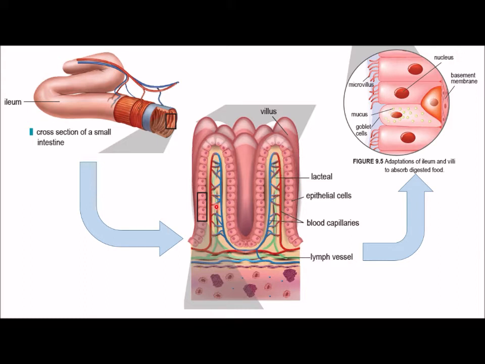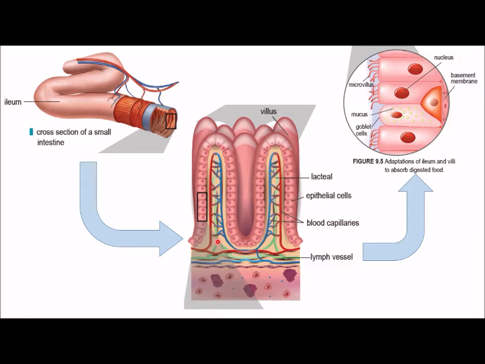Number two, villi also have a network of blood capillaries and lacteal to ease the transport of digestive product, which is the nutrient that have been digested, to the whole body.